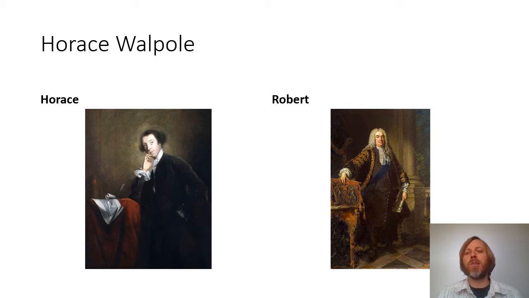And Robert is the father of Horace Walpole. So he has quite a heavy baggage in the background, but it also means he certainly didn't have to write for money, and he could live out his personal literary obsessions in his writing.